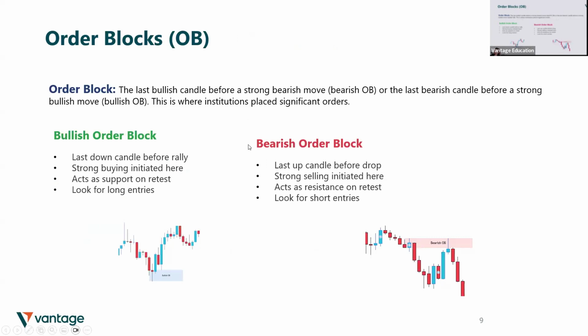So we have two types of OB. First one is the bullish OB. You can see over here the last bearish candle before the rally. Strong buying was initiated here. This is a very strong bullish move, and this candle also acts as support on the retest.